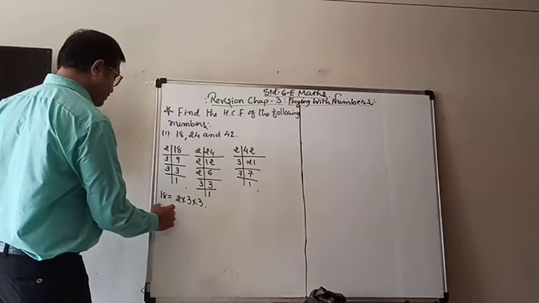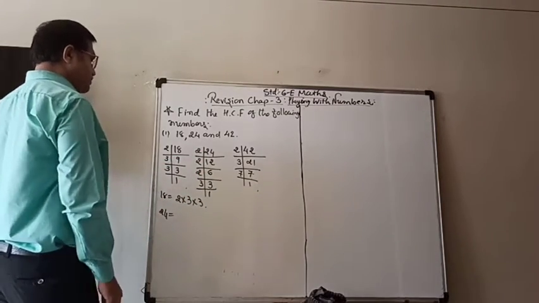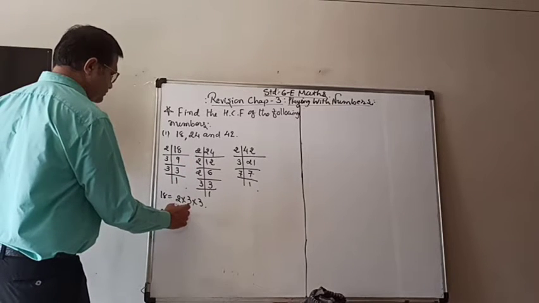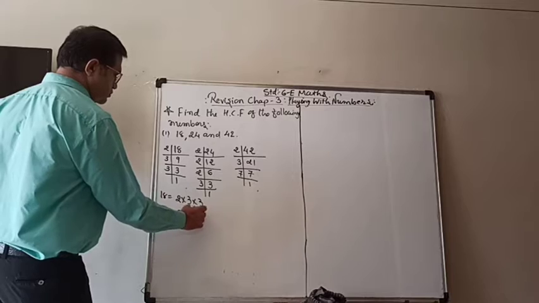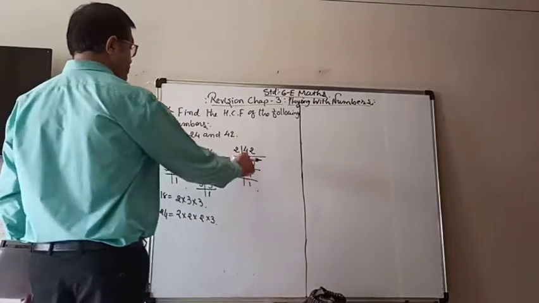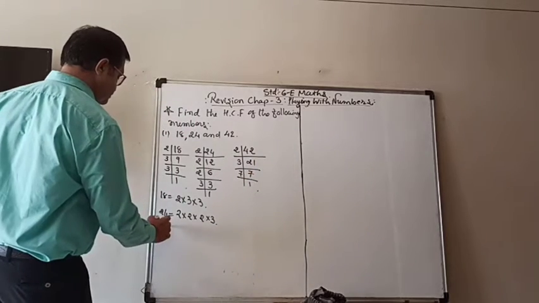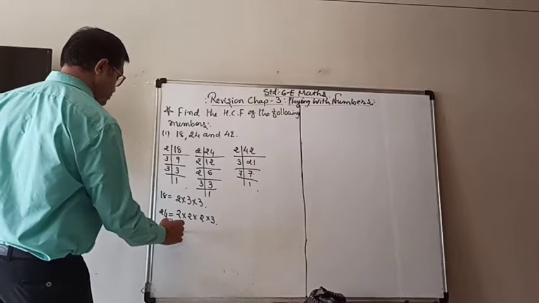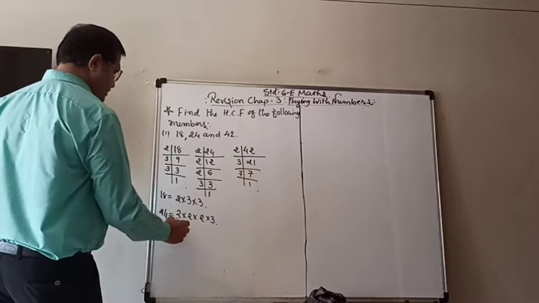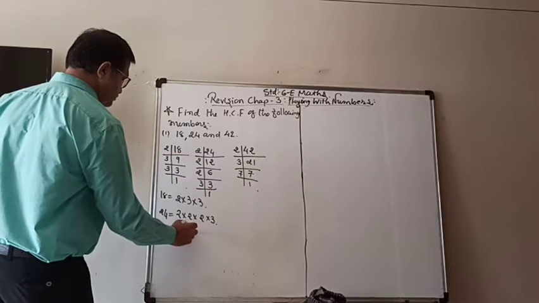Next is 24. 24 is equal to 2 multiplied by 2 multiplied by 2 multiplied by 3. And 42. The factors of 42 are 2 multiplied by 3 multiplied by 7.